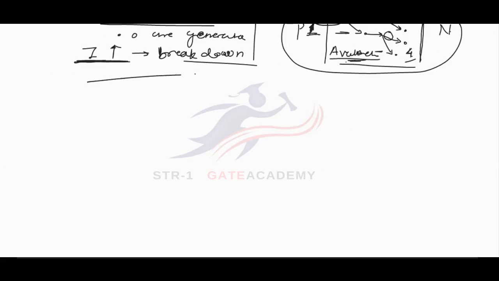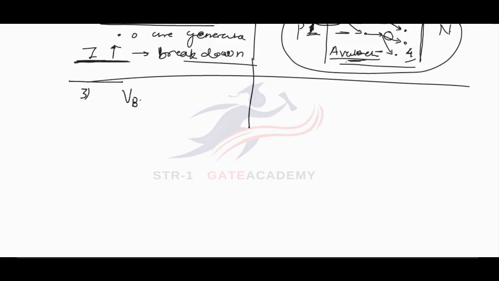Next difference between two breakdowns is their temperature coefficient and their temperature range. If in a diode we get a breakdown, when breakdown happens, if the voltage across the diode is less than 6 volts, then we will say this is a Zener breakdown.